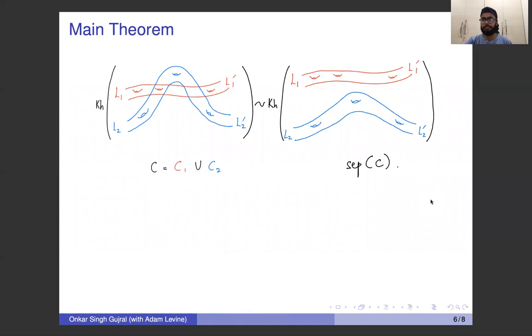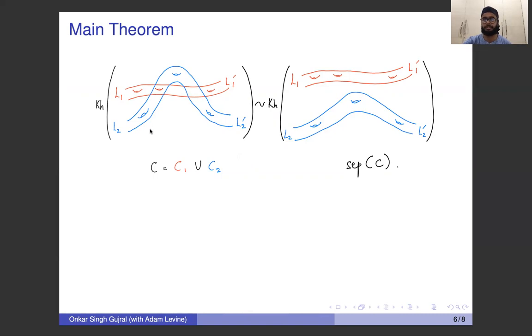So this is the picture that illustrates these definitions, and also this is the picture that we will be most interested in because it describes the main theorem of this talk. On the left-hand side, we have a non-split cobordism that travels between split links.